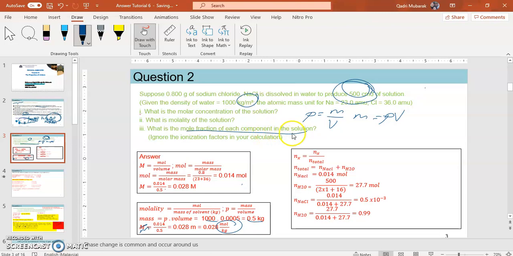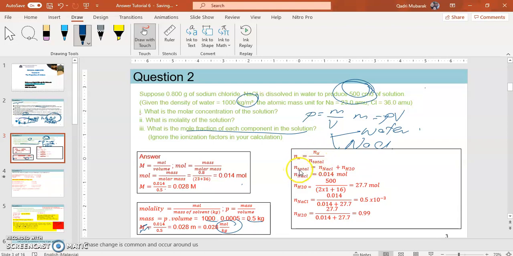So in our system, we have two components, which are water as a solvent and also NaCl. The formula for mole fraction is the mole fraction of species S equal to the mole of that species in the system over the total mole of what is in our system.